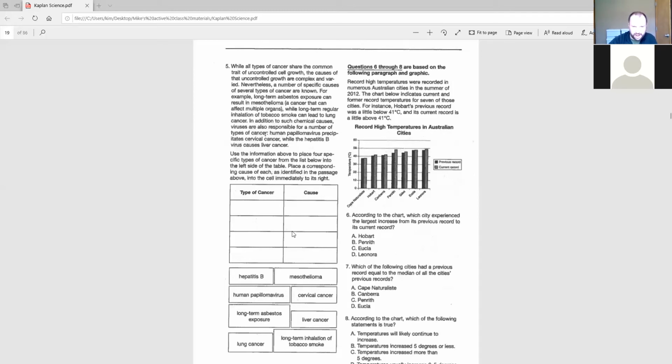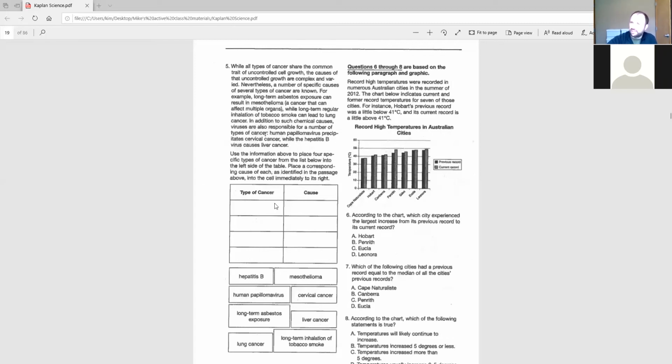Long-term inhalation of tobacco smoke would go there. The third one mentioned would be cervical cancer, and that's caused by the human papilloma virus. And liver cancer would go in the fourth one, and its cause listed here was hepatitis B virus.